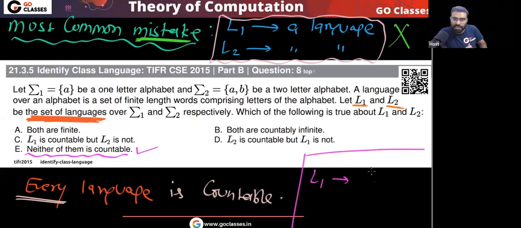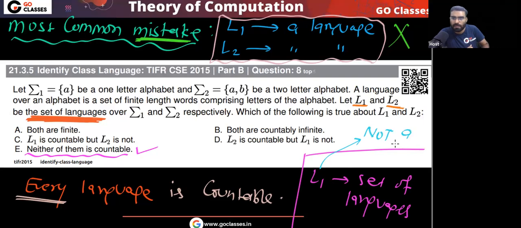L1 is a set of languages, not a language. Clear? So very simple. The answer will be option E.